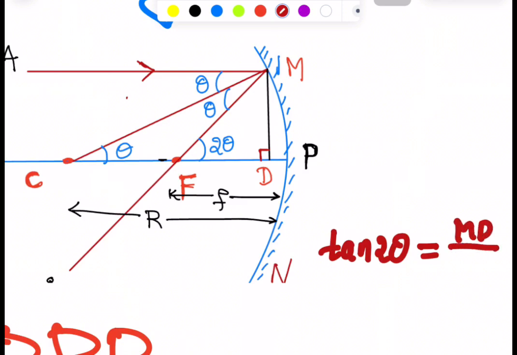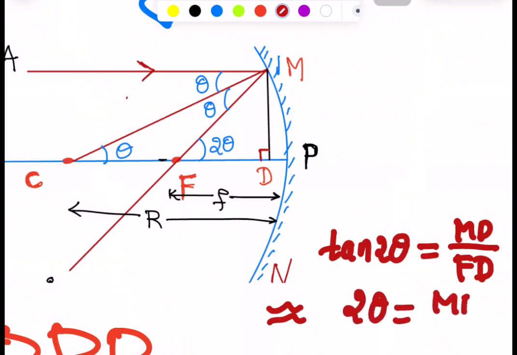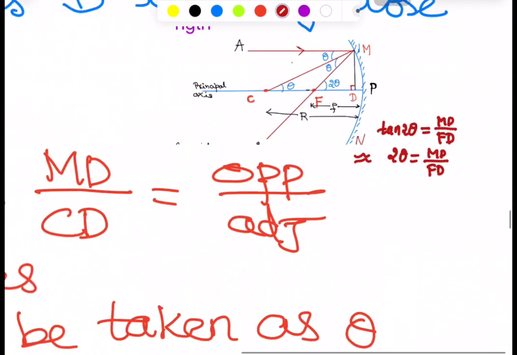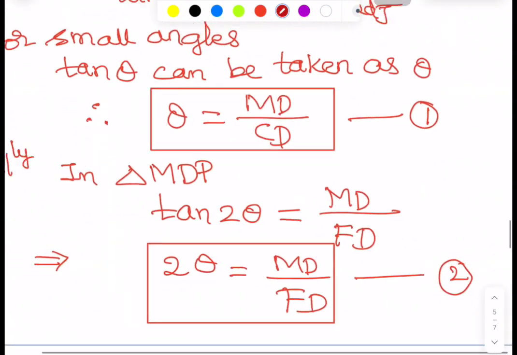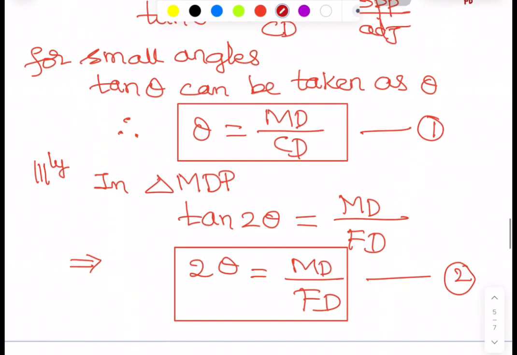Again, for small angles, tan 2 theta can be written as 2 theta. So 2 theta is equal to MD by FD, opposite side by adjacent side. So for small angles, theta is equal to MD by CD, and 2 theta is equal to MD by FD.